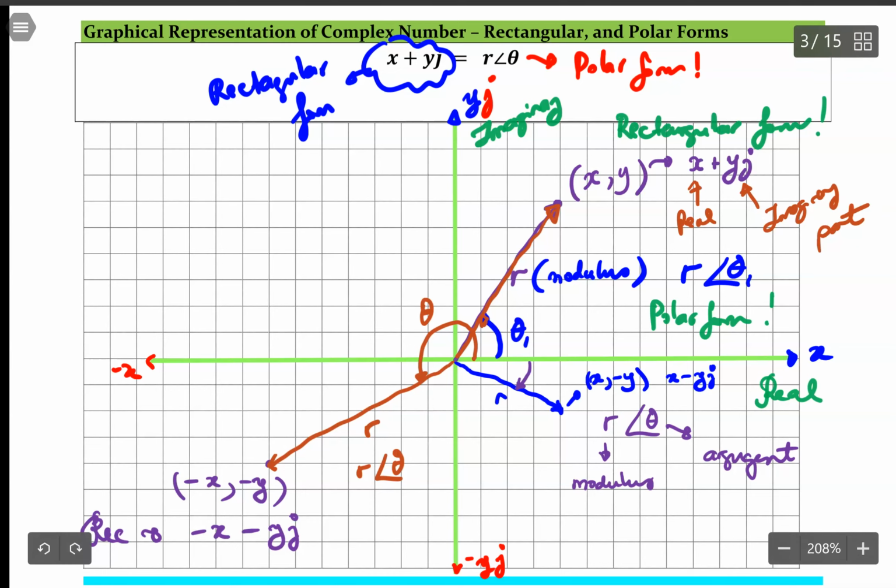If I call this one theta 2, and this one theta 3, then my answer in this case would be r and theta 3 to represent this particular vector that I just drawn. Alright, let's move on to the next example.